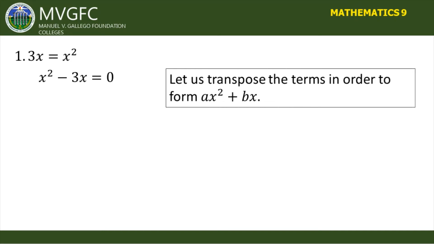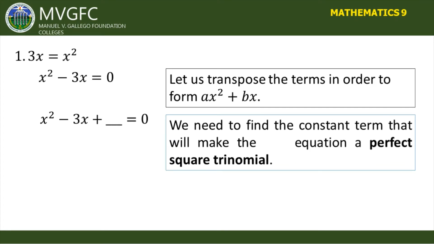Number 1 states 3x is equal to x squared. The first thing we need to do is to transpose the terms in order to form ax squared plus bx. So, from 3x is equal to x squared, we have now x squared minus 3x is equal to 0.